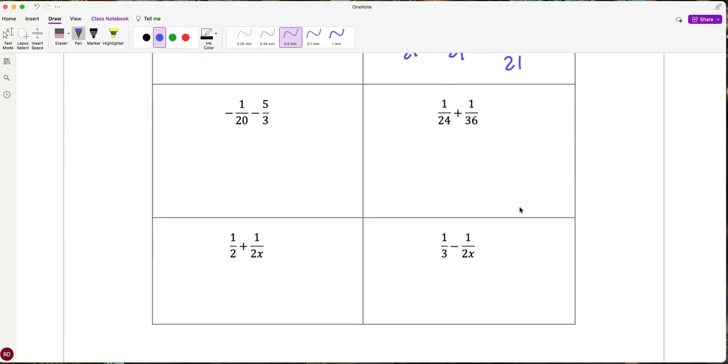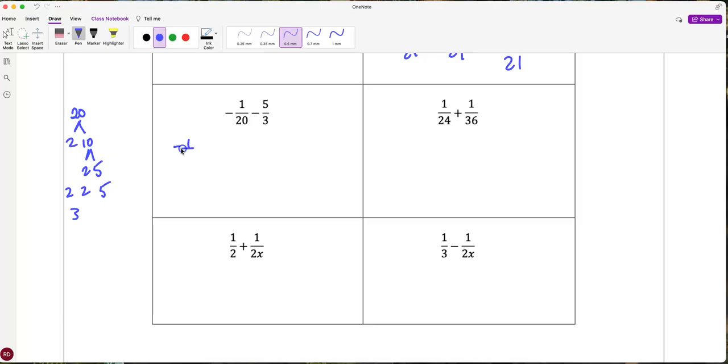-1/20 and -3. So if I look for the common denominator here, so 20 is what? That 2 times 10, which is 2 and 5. So 2, 2, 5, and then 3. So all of these need to be present in my common denominator. My common denominator is going to be 60.